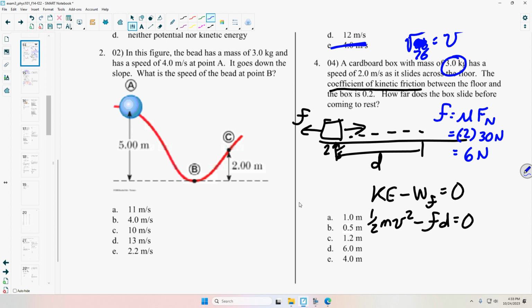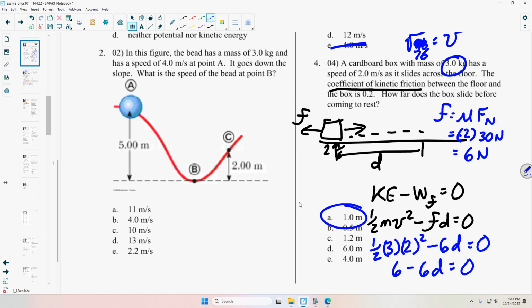Okay, so I have 1/2 of m, which is 3 kilograms, times v squared, which is 2 meters per second squared, minus 6 times d is equal to 0. So that's 1/2 of 12, which is 6, minus 6d is equal to 0. So d is equal to 1 meter.